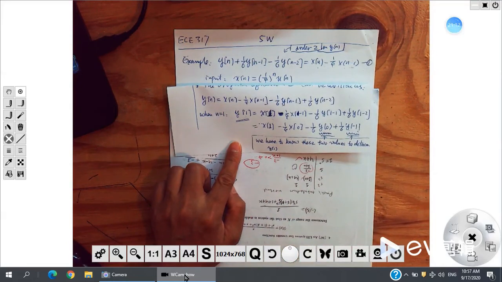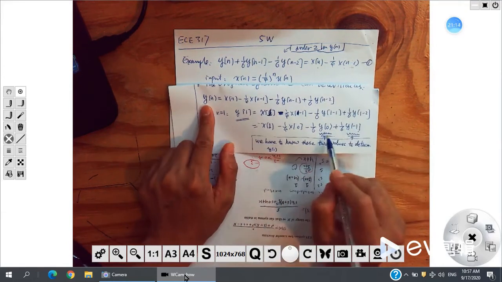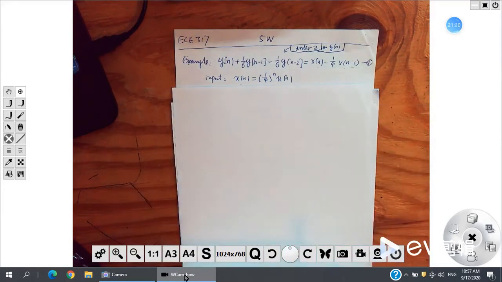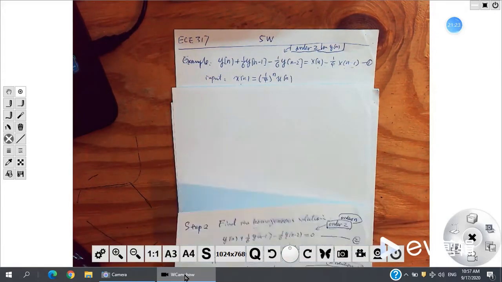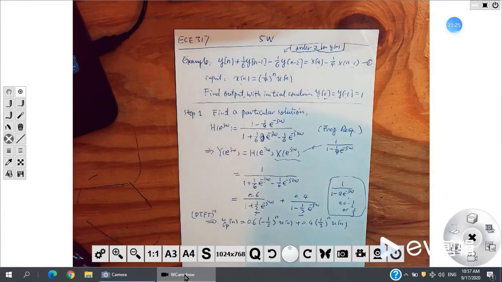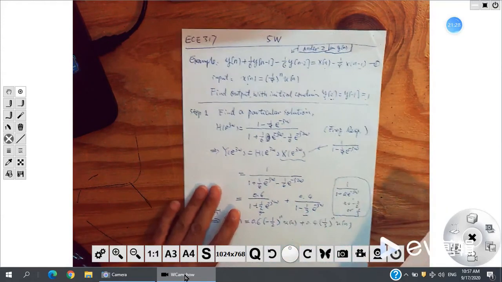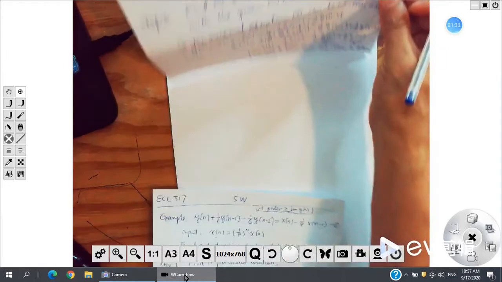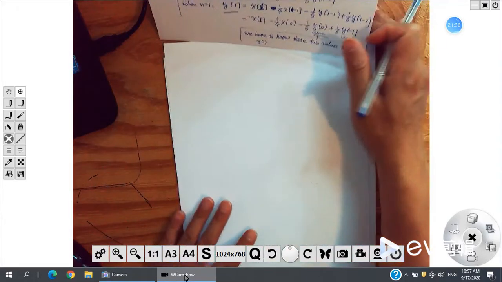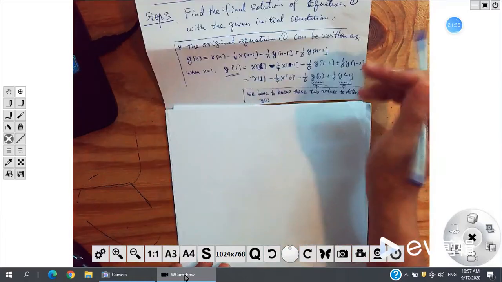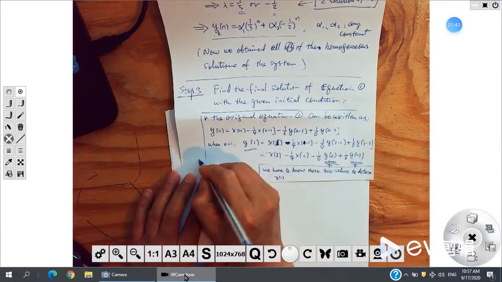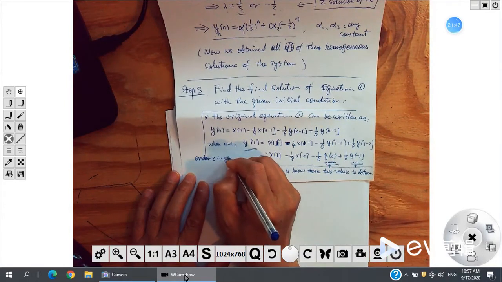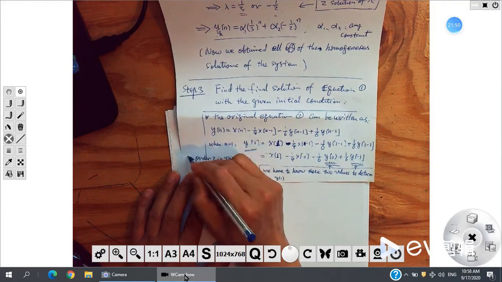So in this example, we need two initial values. And in general, for an order n system, I write here, this is the order 2 in y, right?